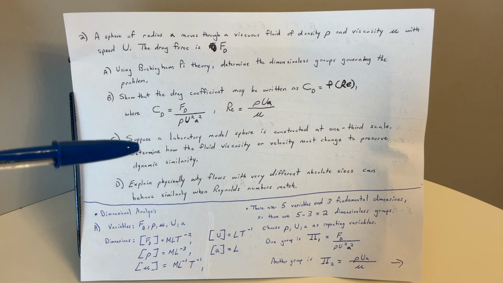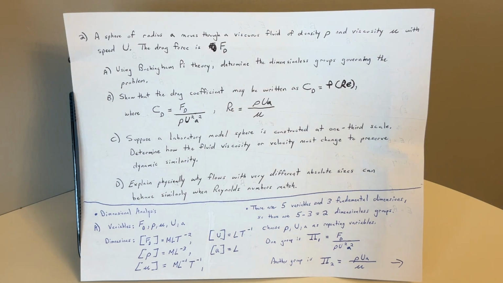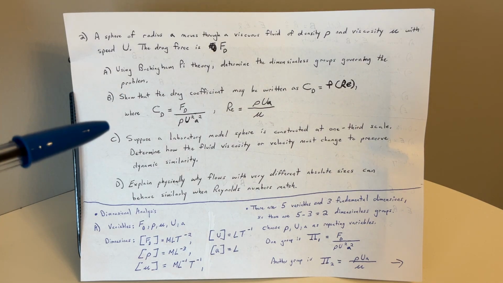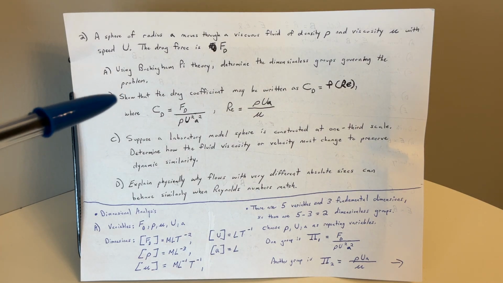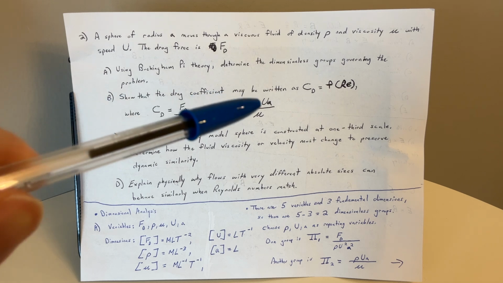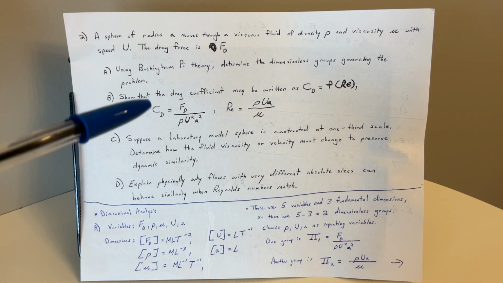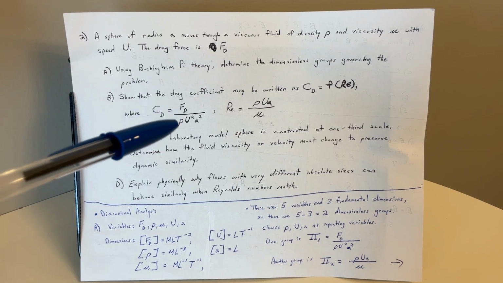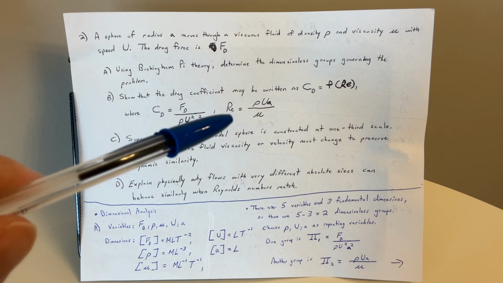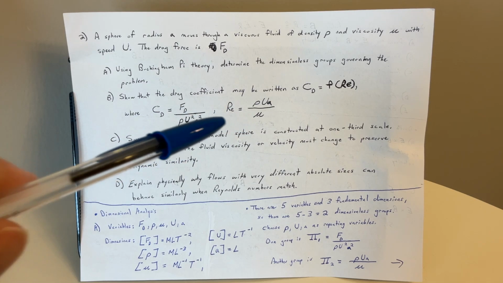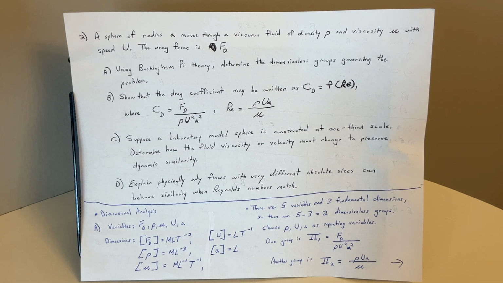All right, so from here, let's see what we can say. As a segue to part B, show that the drag coefficient may be written as C sub d is a function of Re, where C sub d is F sub d over rho u squared a squared, and Re equals rho u a over mu.